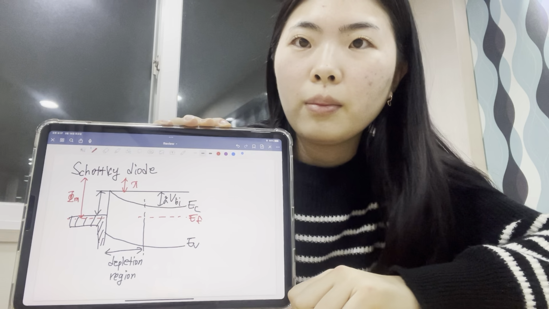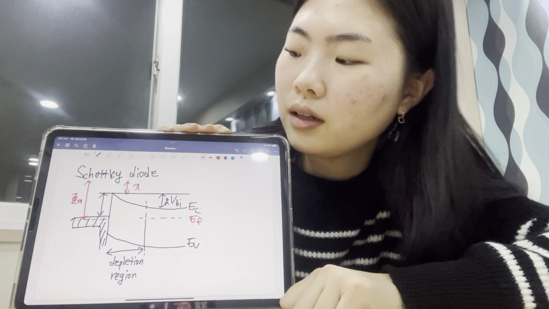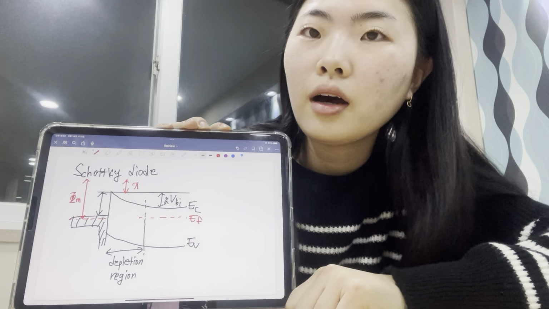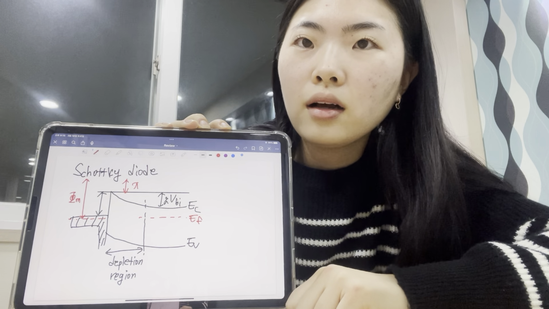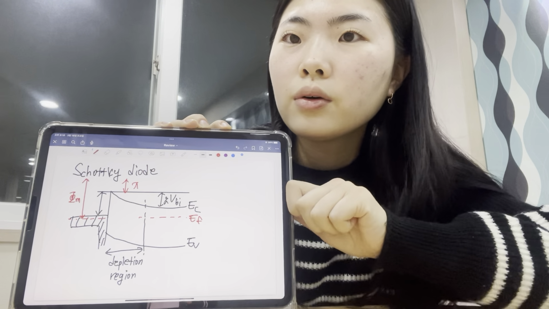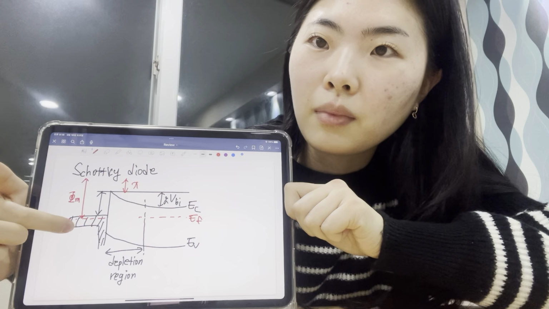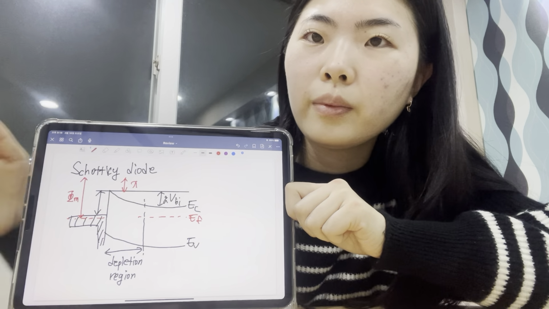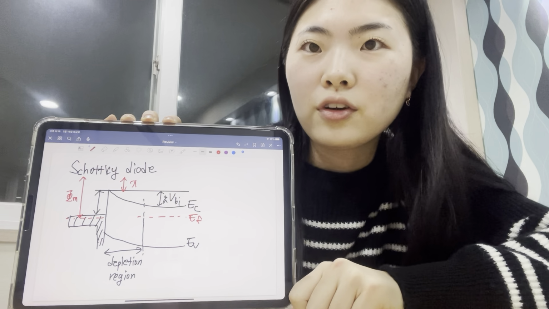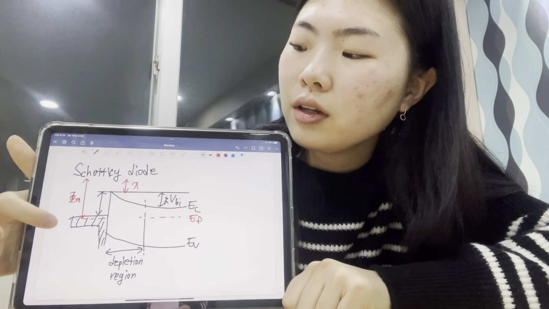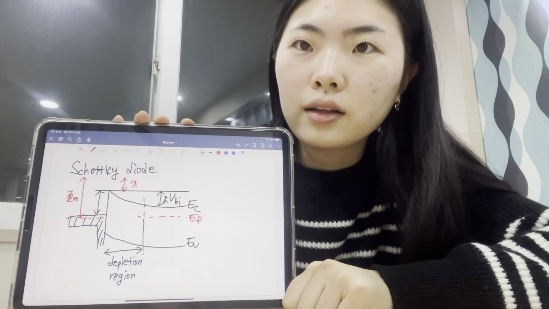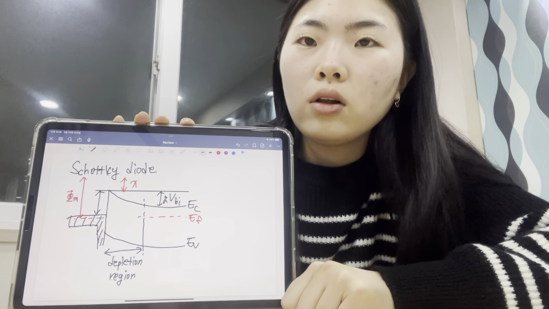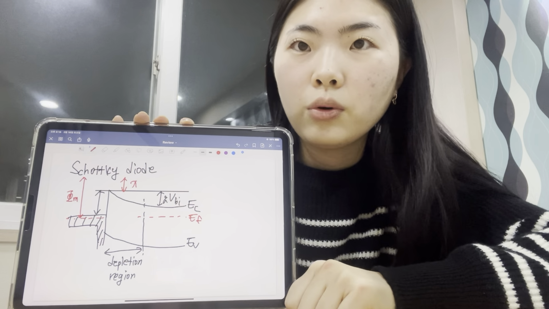And let's talk about the Schottky diode. Lastly, a Schottky diode is made from a metal and a semiconductor. This part is metal, and this energy band is the semiconductor. Metal has a lot of free electrons and is also equipotential.